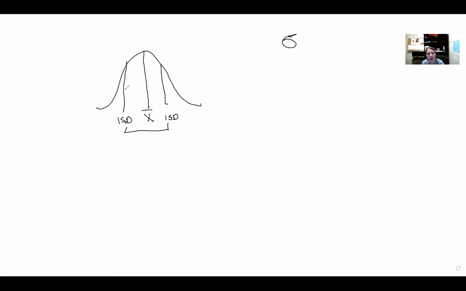That means that 68% of your data will fall within one standard deviation. If you go two standard deviations, that means that 95% of your data fall within two standard deviations.